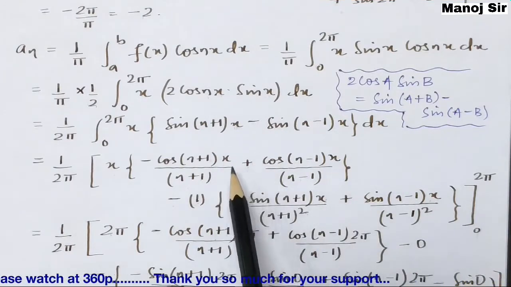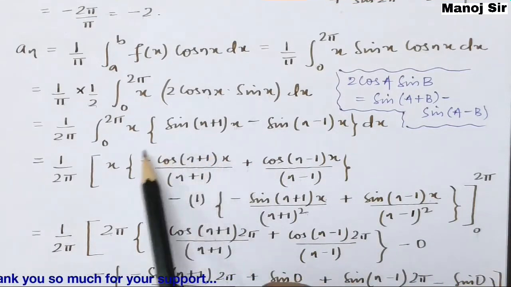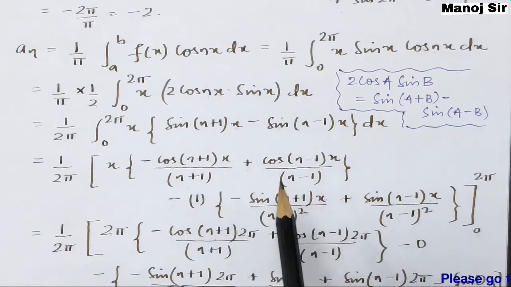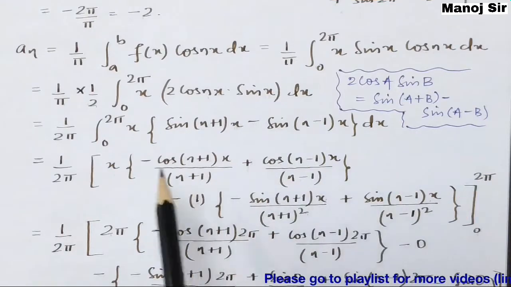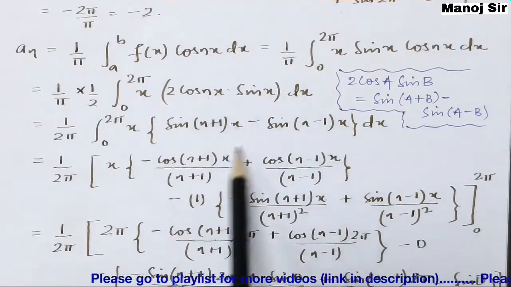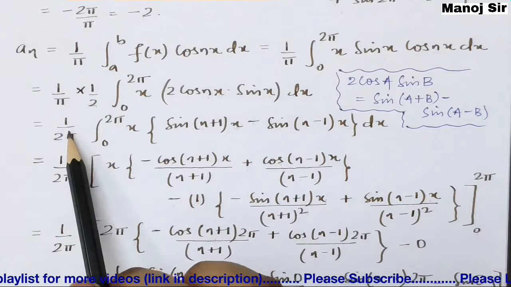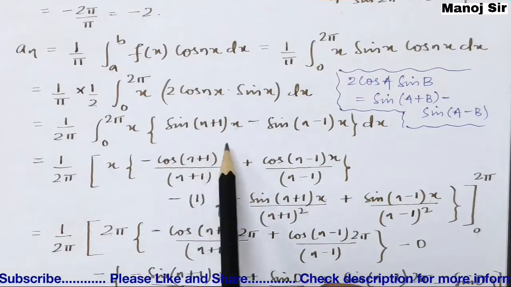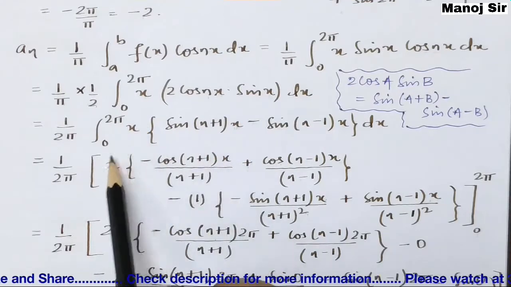Now in the next step we are going to integrate, but while integrating we will use the chain rule. This is my first term and this whole is my second term. So this is going to be 1 upon 2 pi as it is. If you integrate with the help of chain rule, this is my first function as it is.